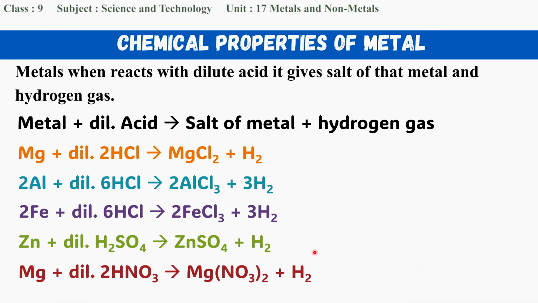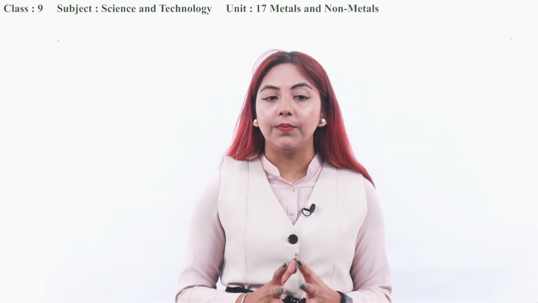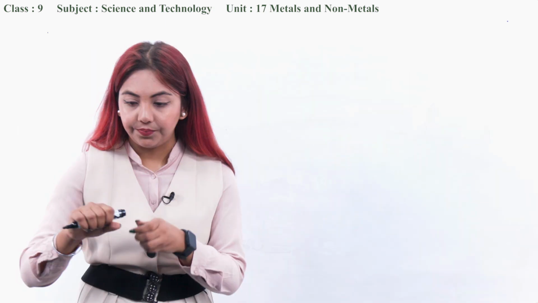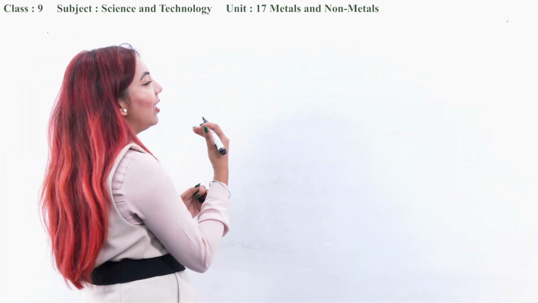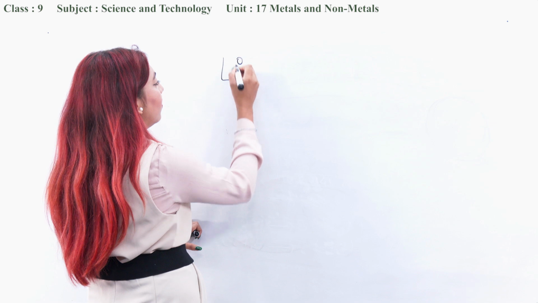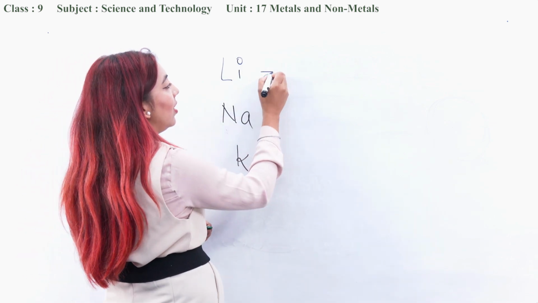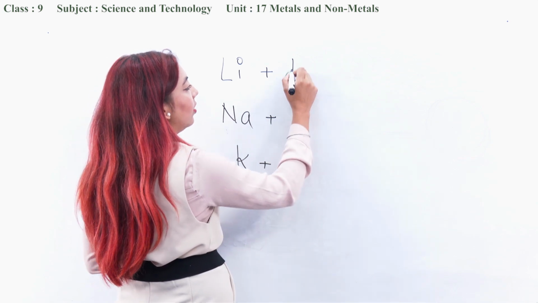Now let us study another chemical property, that is, when reactive metals like lithium, sodium, potassium, calcium react with water, they form the hydroxide of that metal, as well as they also liberate hydrogen gas. So let us study a few chemical reactions. Now, reactive metals such as lithium, sodium, potassium, what happens when they react with water?